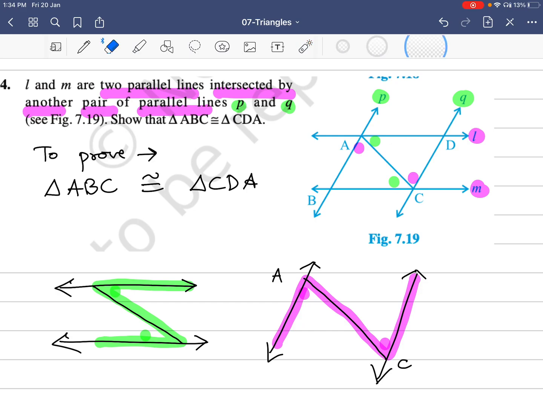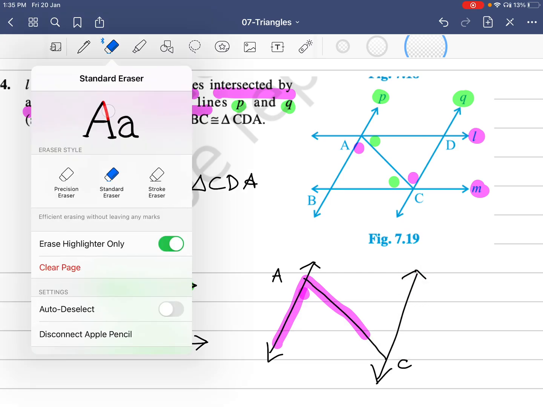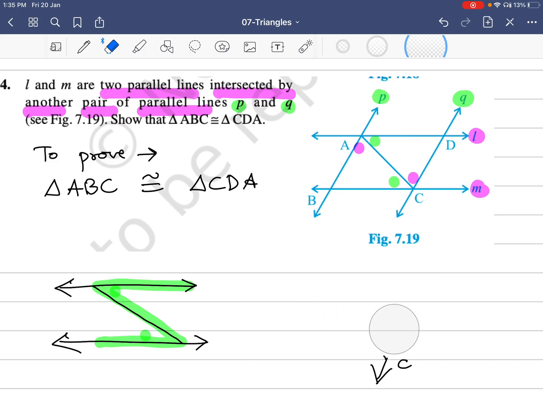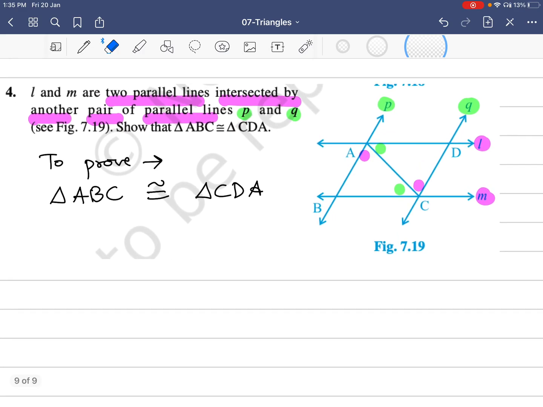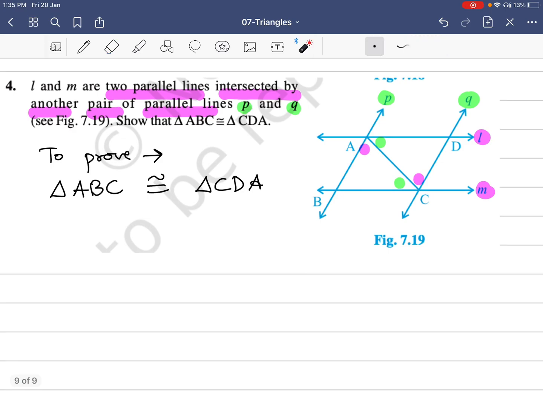That's how we proceed. Let me erase this. Now the thing that we have to be a bit careful about is the order in which the alphabets are mentioned. So we'll follow them very strictly. In order to prove these two triangles are equal to each other, the first step is angle.